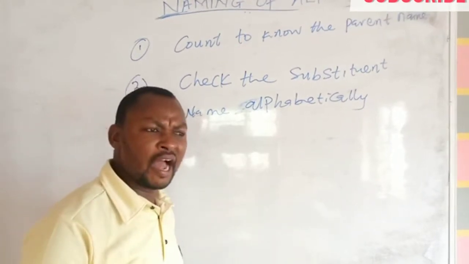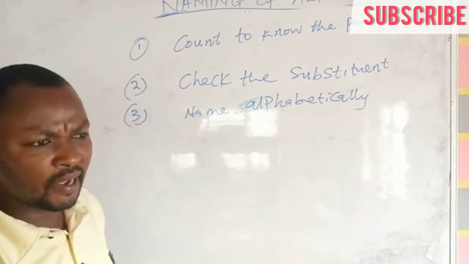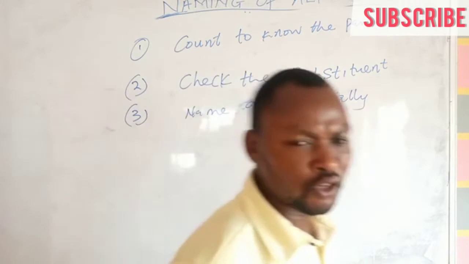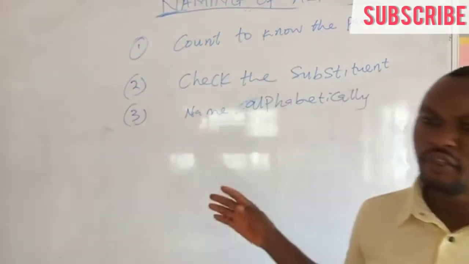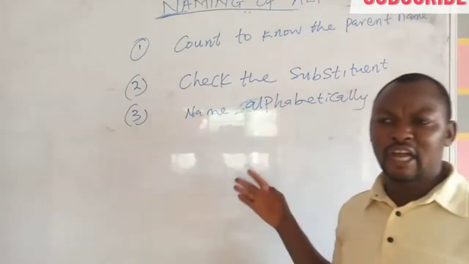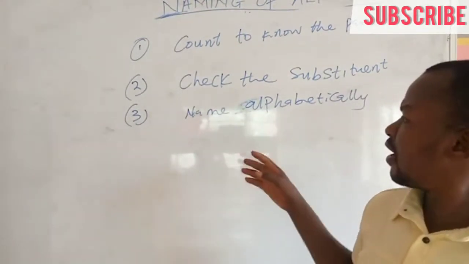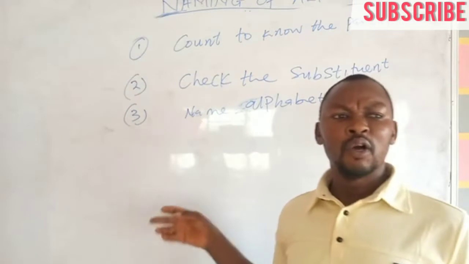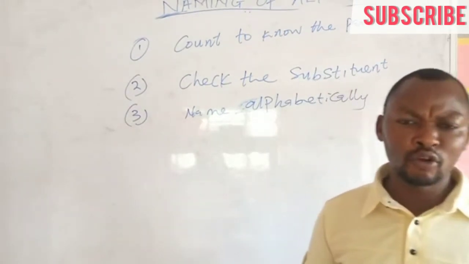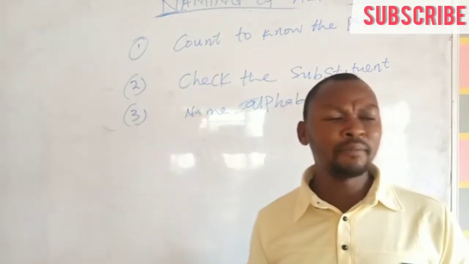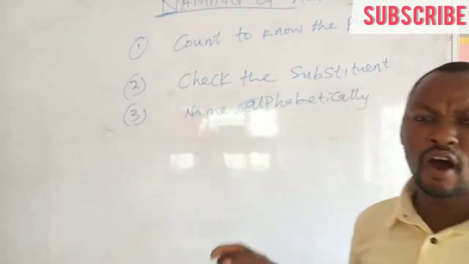The one that comes first alphabetically is the one you name first. For example, if we have chlorine and bromine as substituents, we name bromine first because bromine is B and chlorine is C.